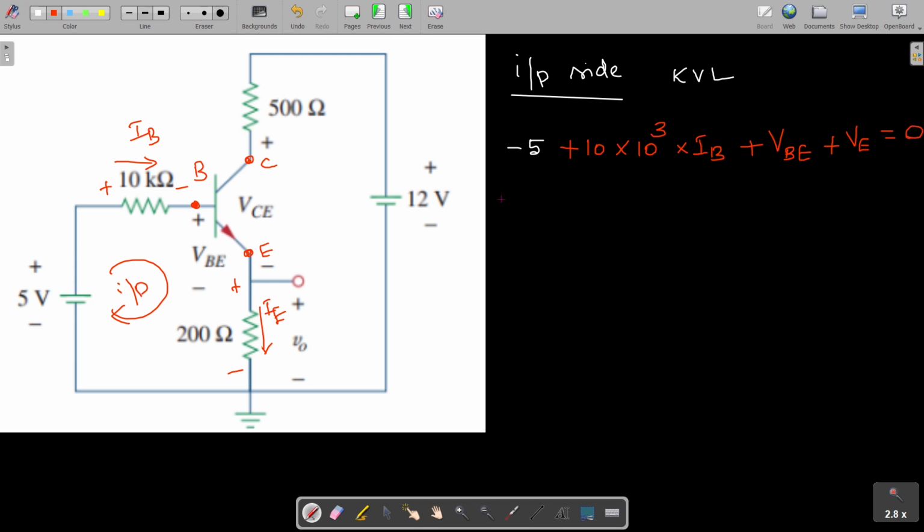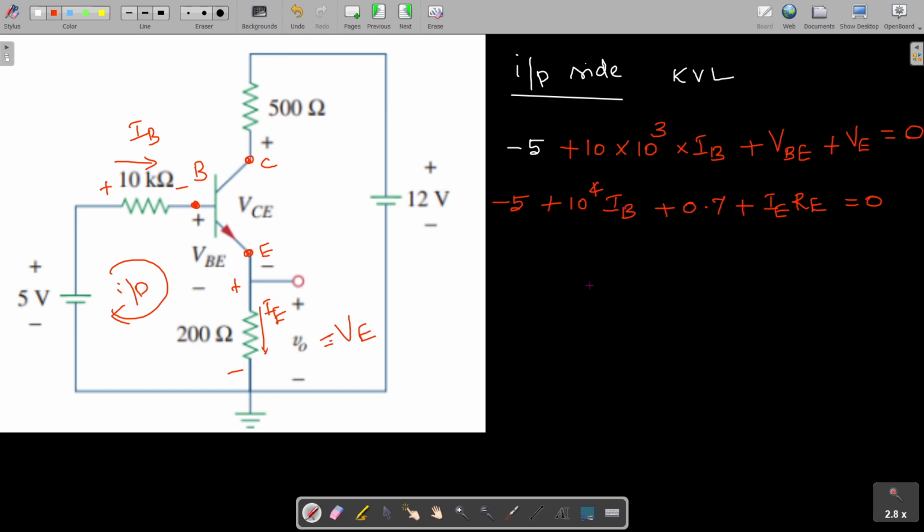So it is minus 5 plus 10 power 4 IB. VBE is already given as 0.7 volts plus this VE, which can be written as IE into RE, that is equal to 0. So this is nothing but your V naught, right, which is asked in the problem.